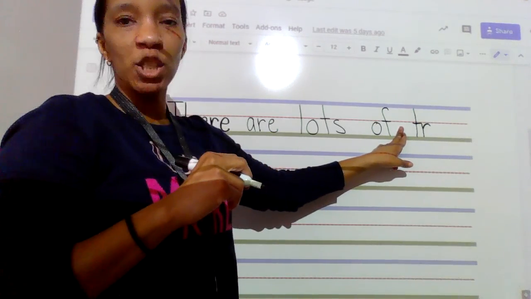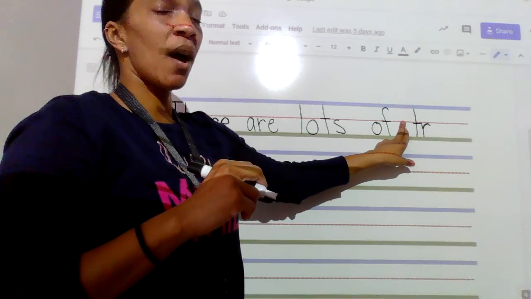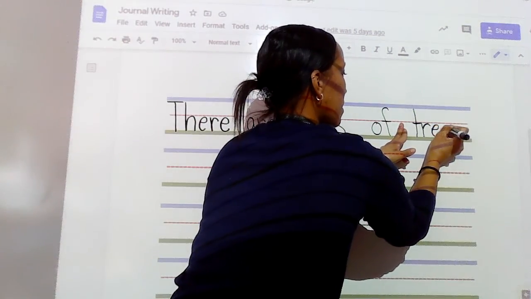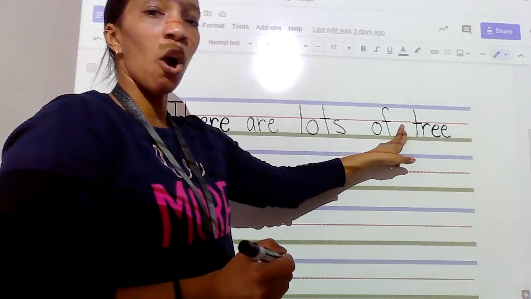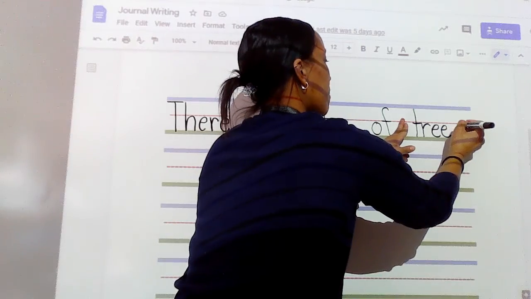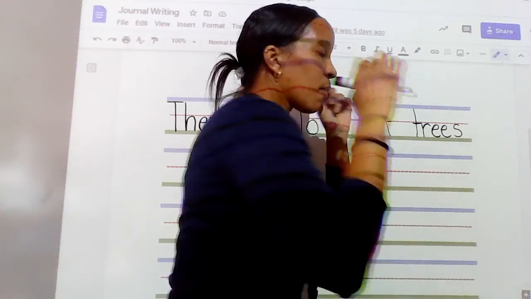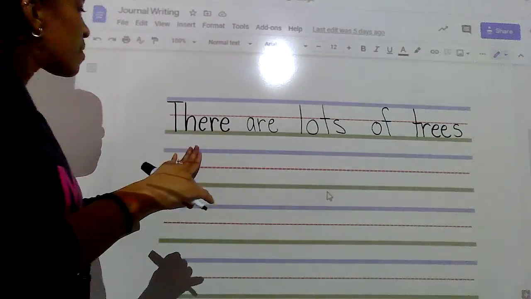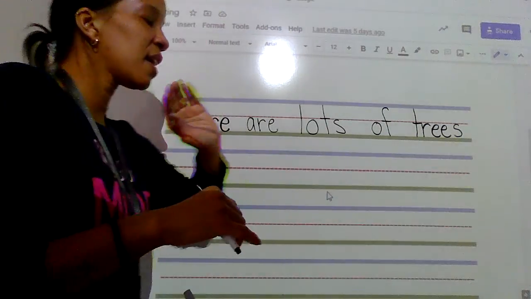All right, I want to write trees. So I have my tr. Then what? E's. And I need my double E. Double E is one way to make that long E sound. Tr, E, E, S. I'm going to put an S at the end because I want more than one tree. When I'm thinking about it in my brain, I'm thinking of lots of trees. There are lots of trees.